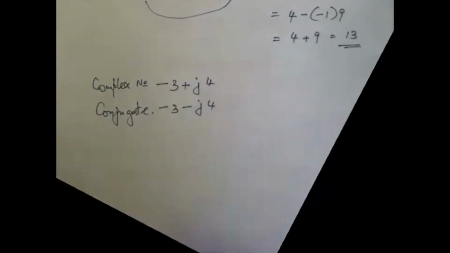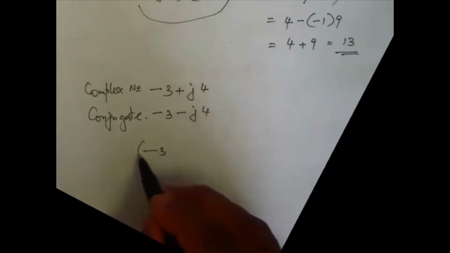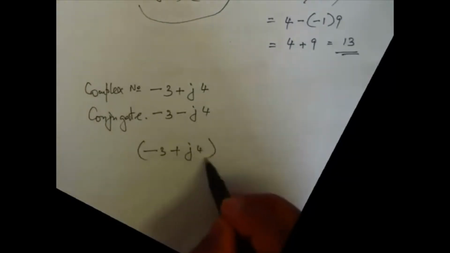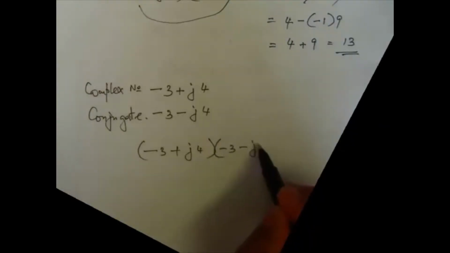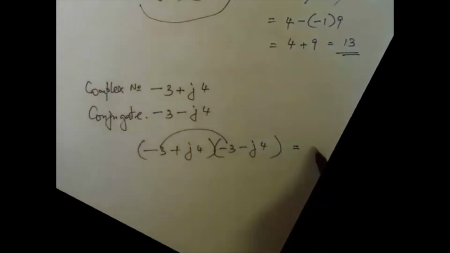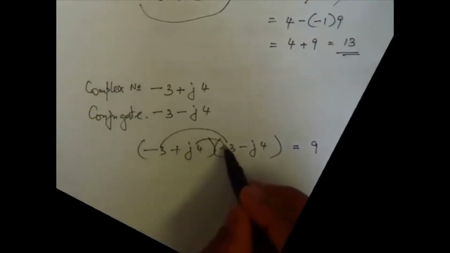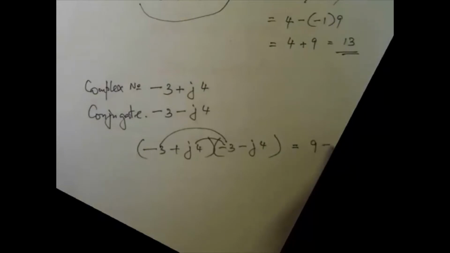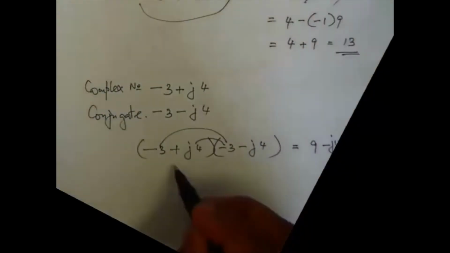When you multiply -3 plus j4 by -3 minus j4, when you multiply this by that, that is -3 times -3, which is plus 9, and then this by that is minus j12, and then this by that is plus j12, and then this by that is minus j squared 16.